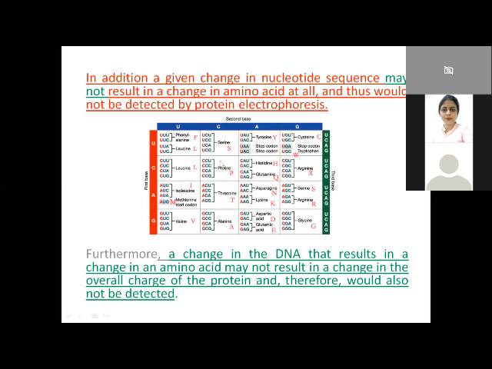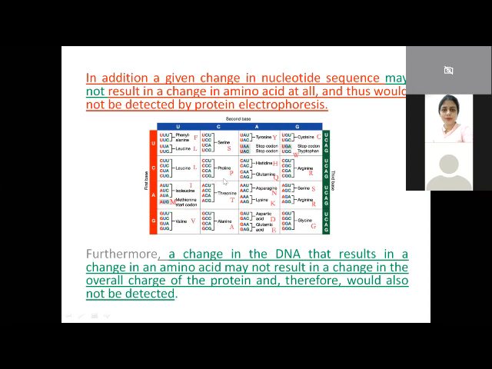Individual one has the proline coded by the codon CCU. Another individual also has a proline, but it is coded by CCC. The third individual also has a proline coded by CCA. And the fourth individual also has the proline at the same position, but it is coded by CCG.